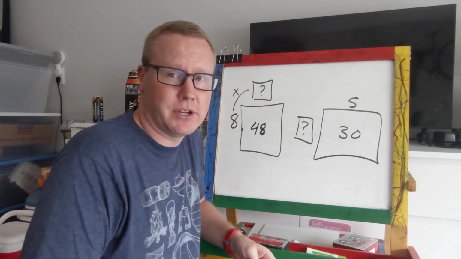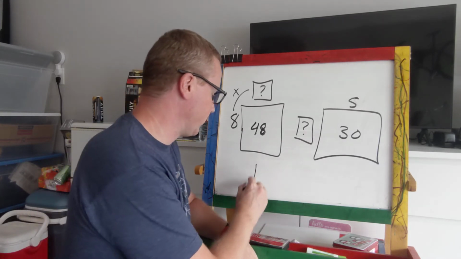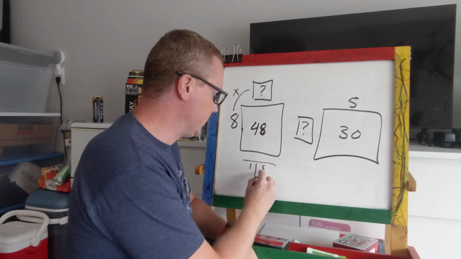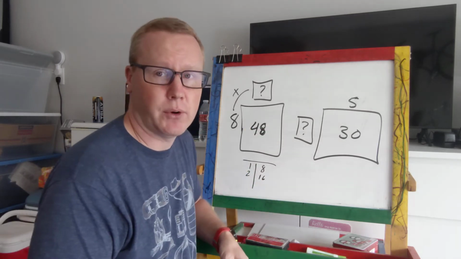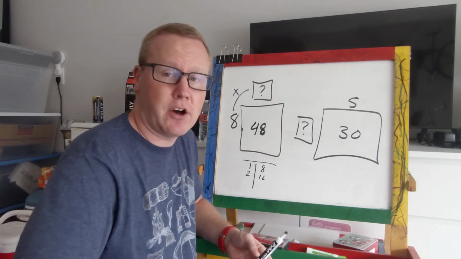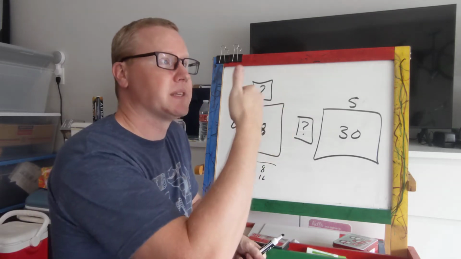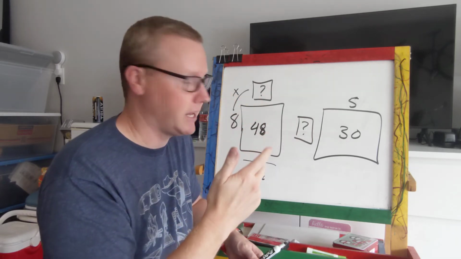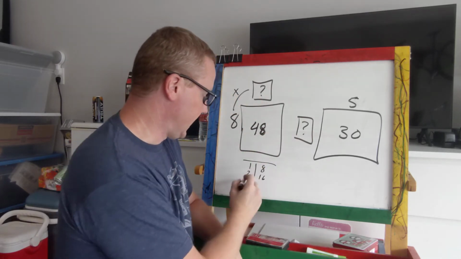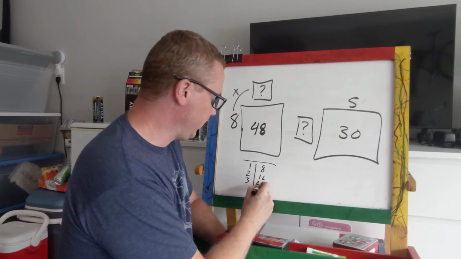If you don't know how to do this, you can make a ratio table, and 1 is 8, 2 is 16, all the way till you get to 48. You can also just count by 8s: 8, 16, 24. I'm doing it fast in my head, but if it takes you longer, that's okay. So I have 3 is 24.